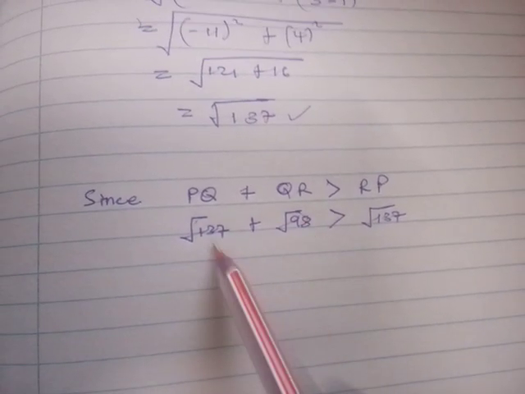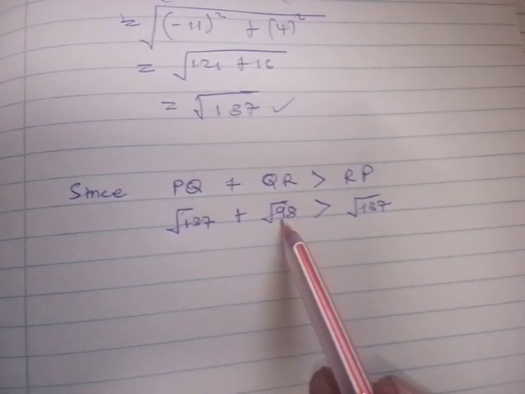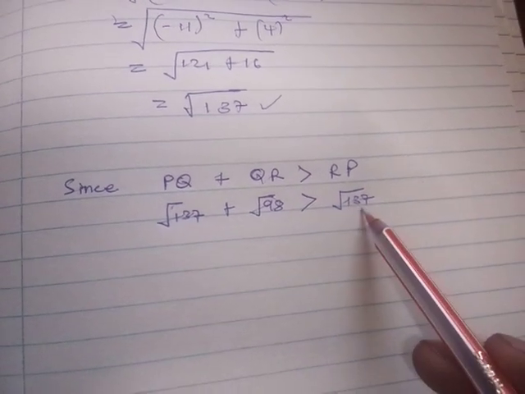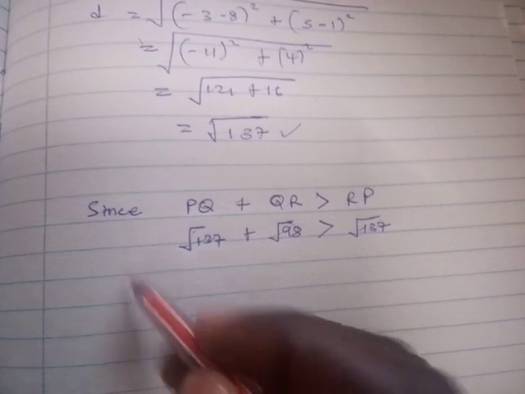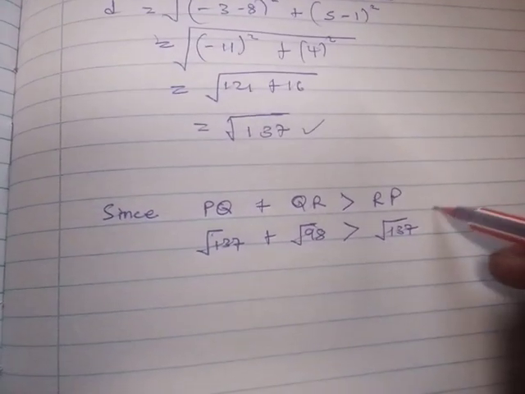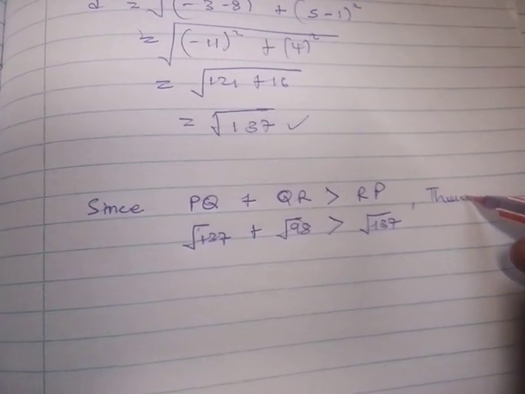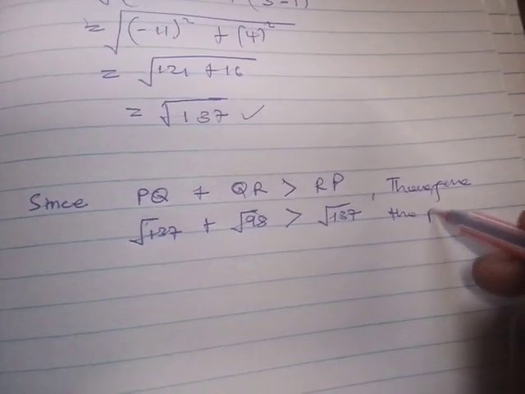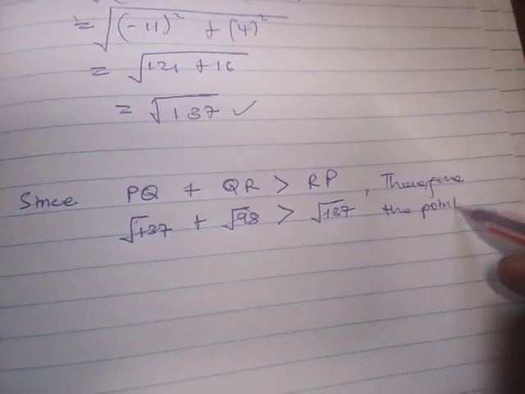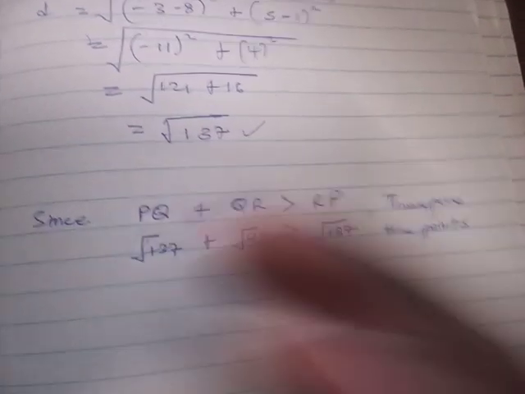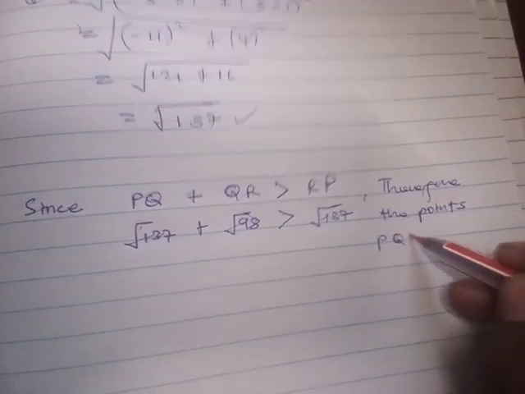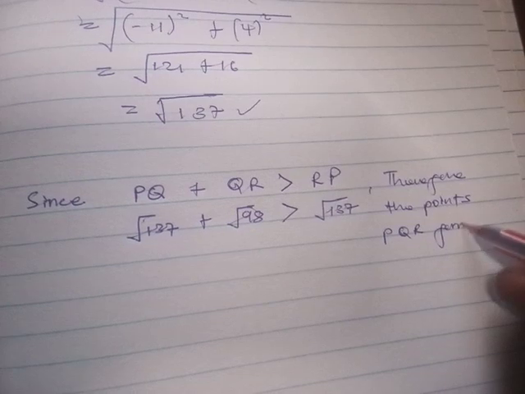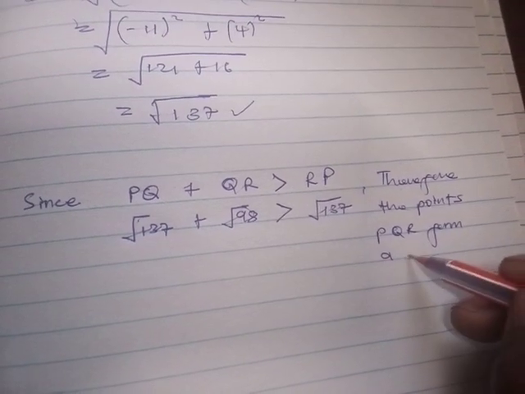So this side is root of 137 plus root of 98, and it is greater than this. Therefore, the points P, 2, R form a triangle.